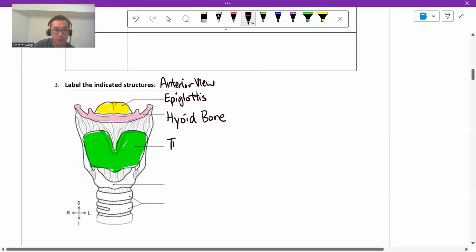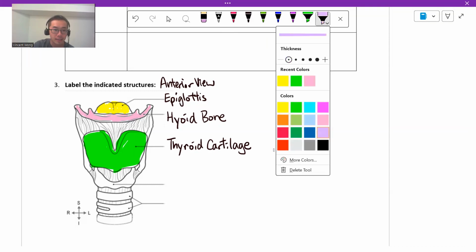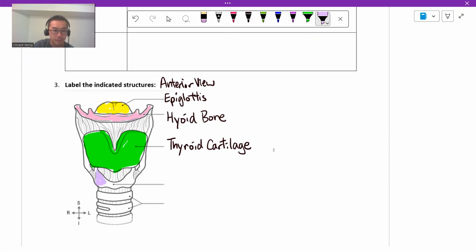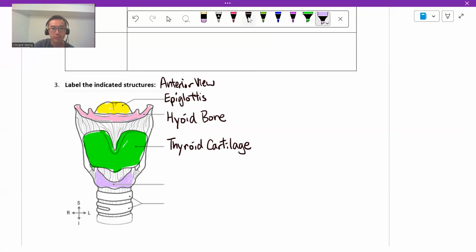That's the thyroid cartilage. This you can feel. And still further down, there's another cartilage here called the cricoid cartilage.